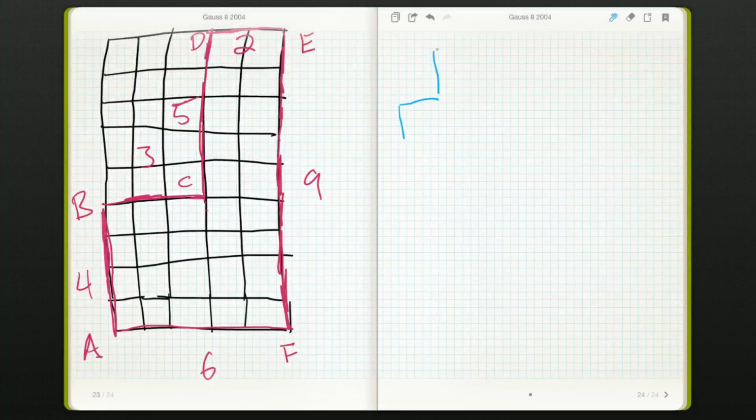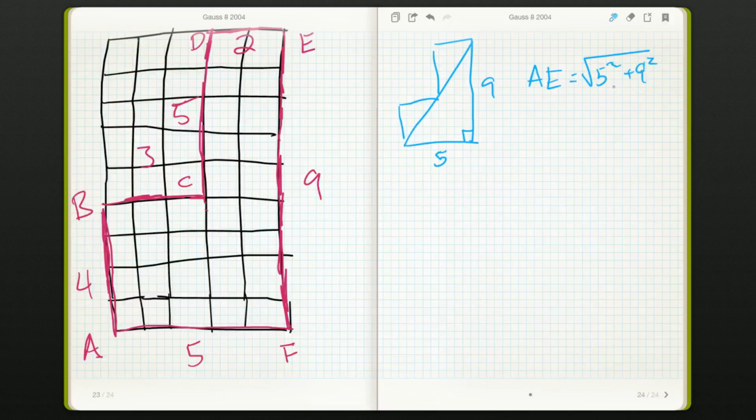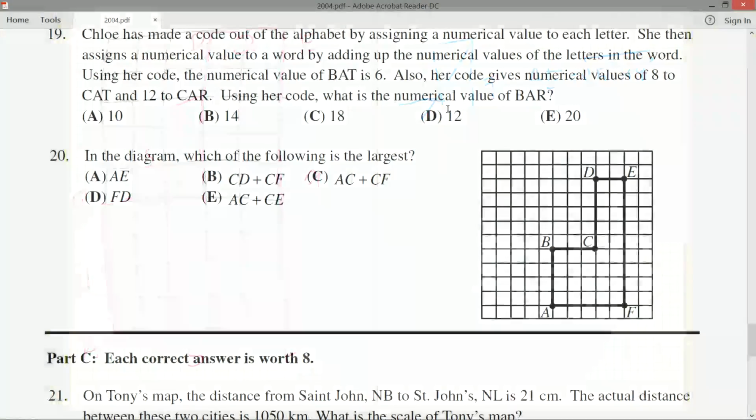We have our little picture here, a right angle triangle over by, I don't know why I wrote a 6 there, because this should be a 5. So AE is the square root of 5 squared plus 9 squared. We may need to approximate some of this with our calculator. The triangle doesn't go exactly through C, just a bad picture there.